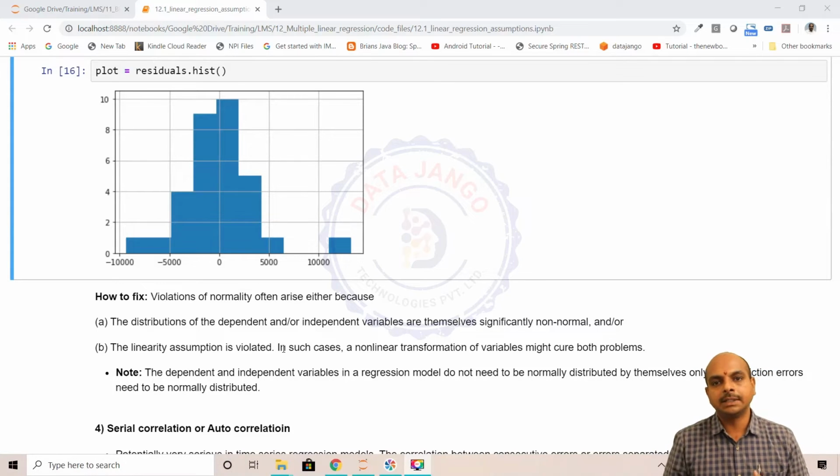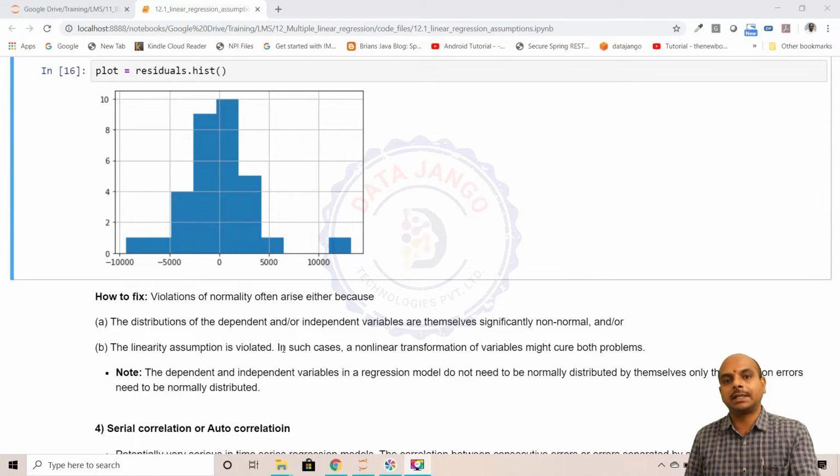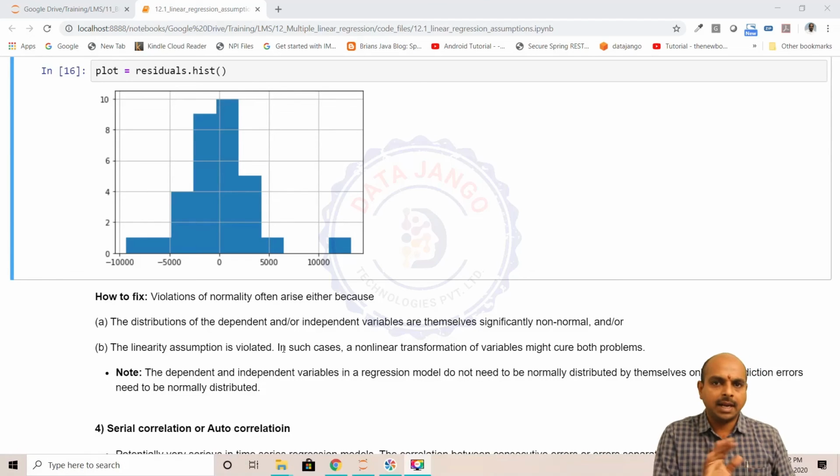The other thing is, if all the input variables are normally distributed, generally you get the error term normally distributed. It is not required that you convert your input variables to normal distribution to get the error term normally distributed. If the input variables are normally distributed, there is a chance that the error term will be normally distributed. It is desired, not required.